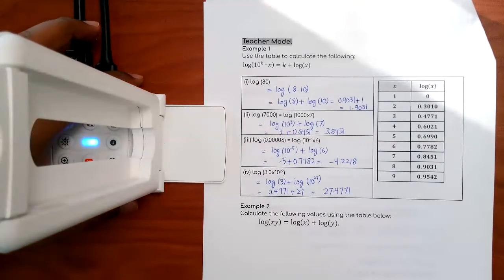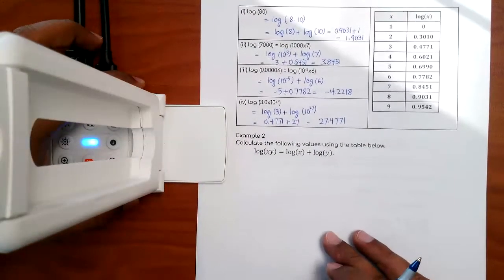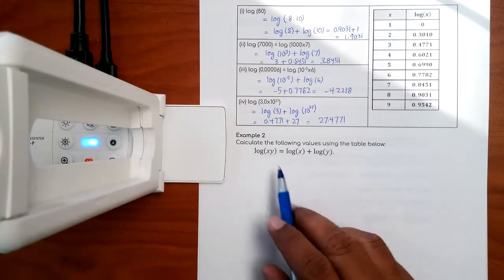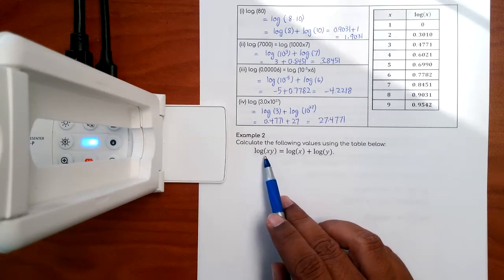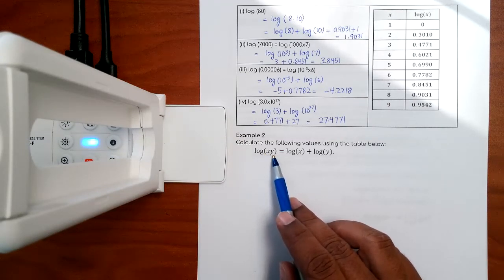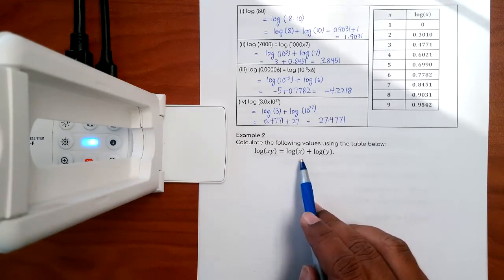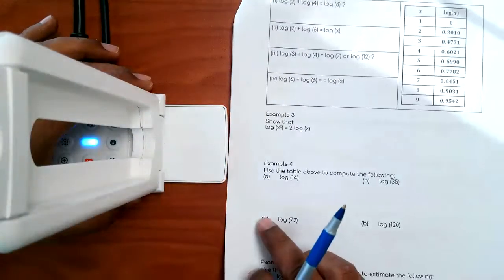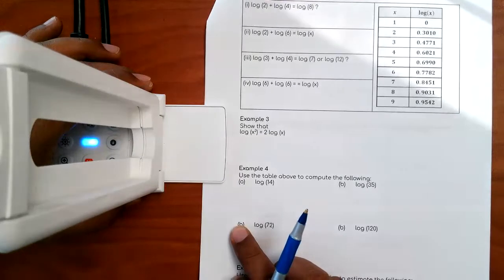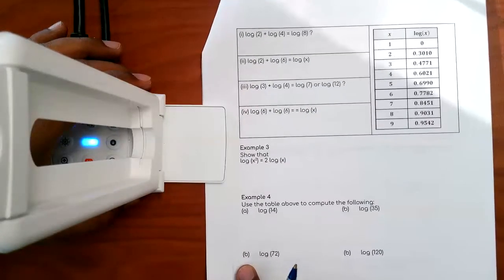Now let's do the second example. It says calculate the following values using the table below. Log of a product of x and y, xy, is equal to the log of x plus log of y. So let's consider this property, which is a very important property, and solve these problems.